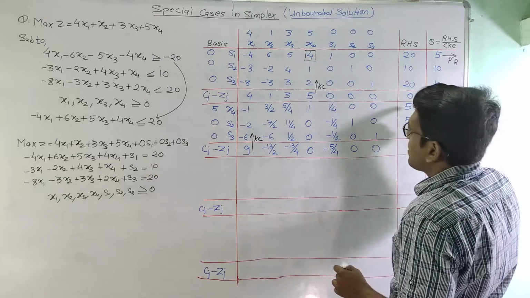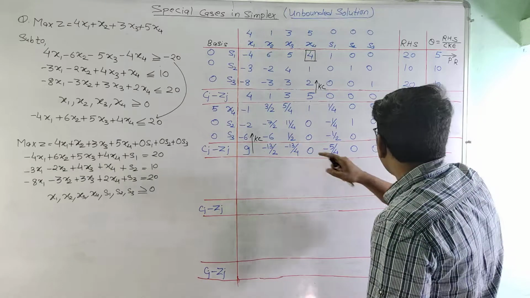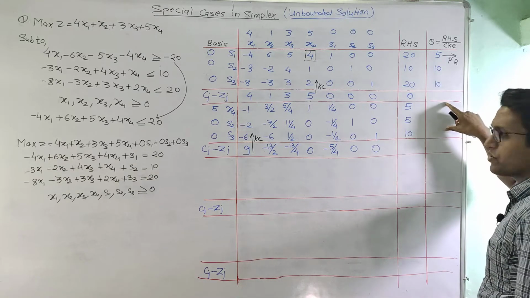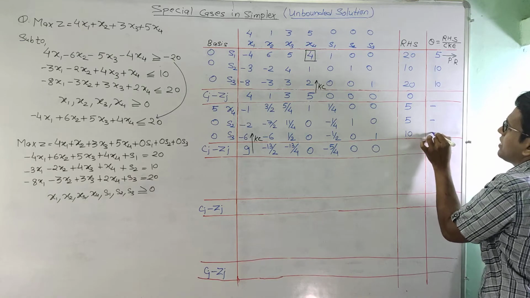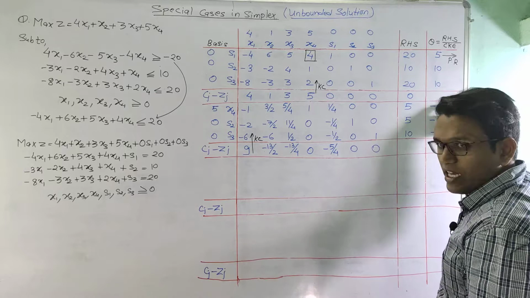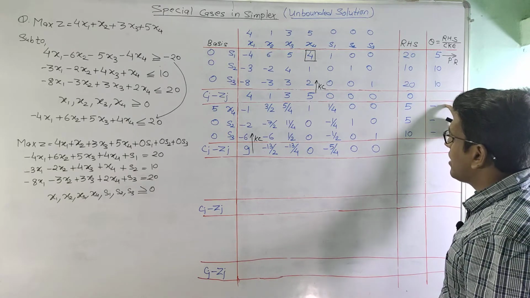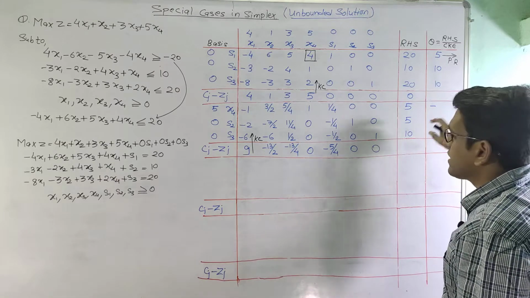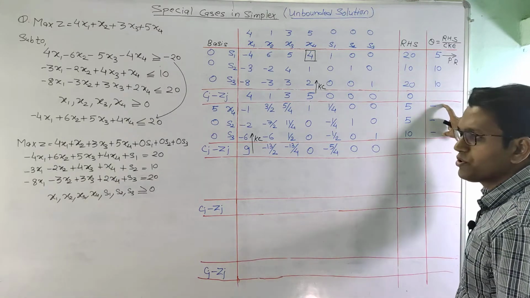That means either 5 by minus 1, 5 by minus 2 or 10 by minus x, we will have a negative ratio for which we use dash sign. That means all these three variables are not eligible to take part in the leaving variable, and this shows that our problem has an unbound solution.